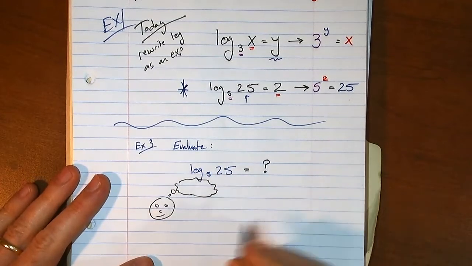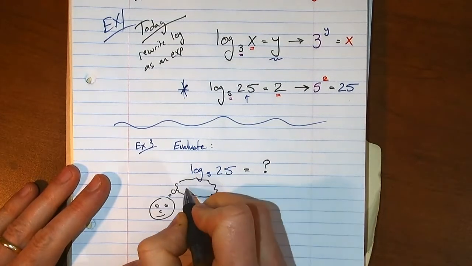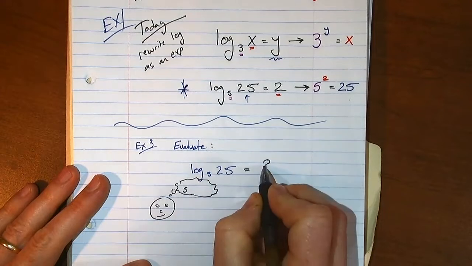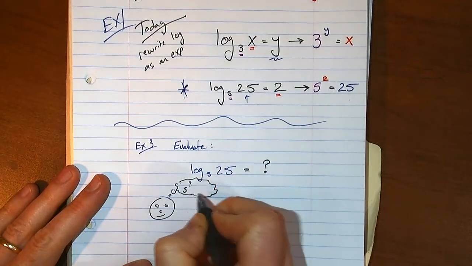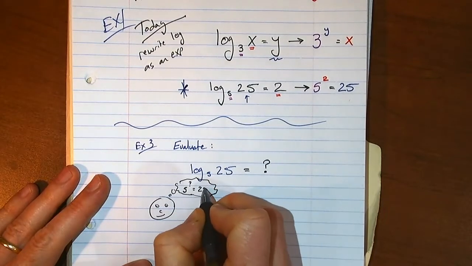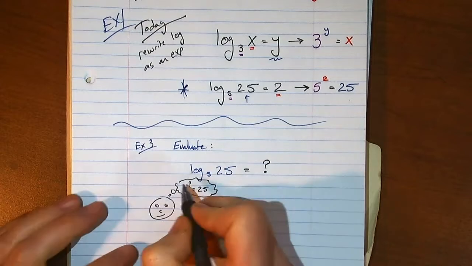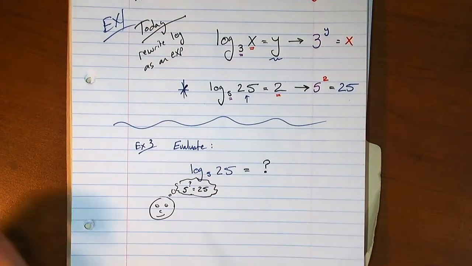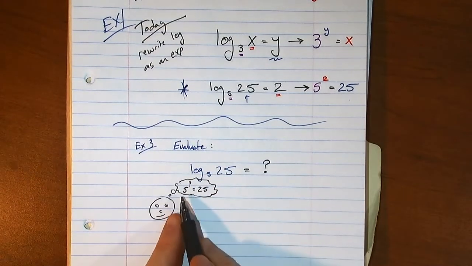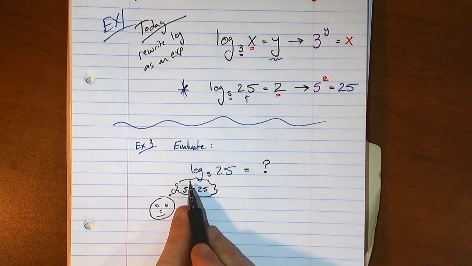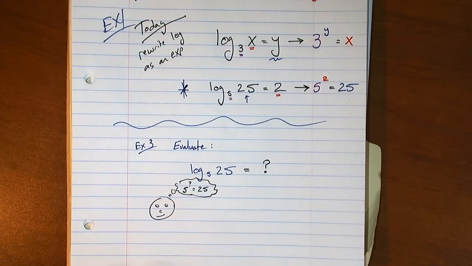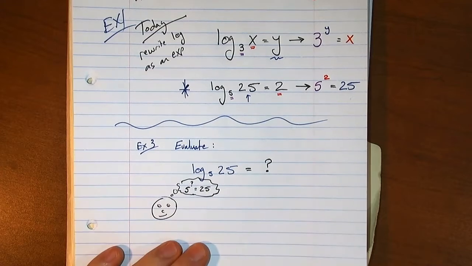This is the same as 5 raised to the question mark power equals 25. And now I can just think of this as a question and think to myself, okay, self, 5 raised to what power is equal to 25? Well, I know that answer. 5 squared equals 25. 5 times 5 equals 25.